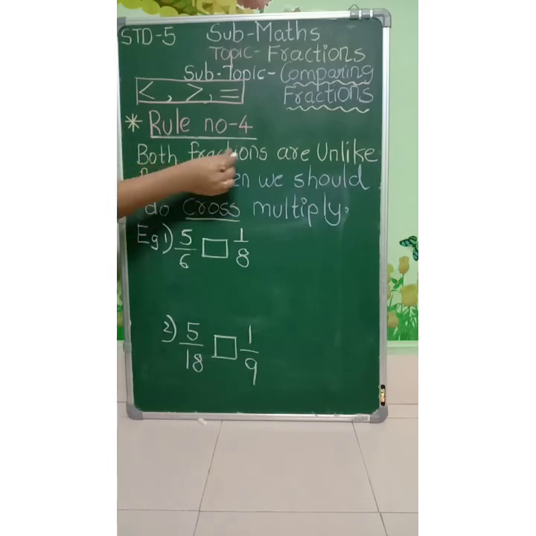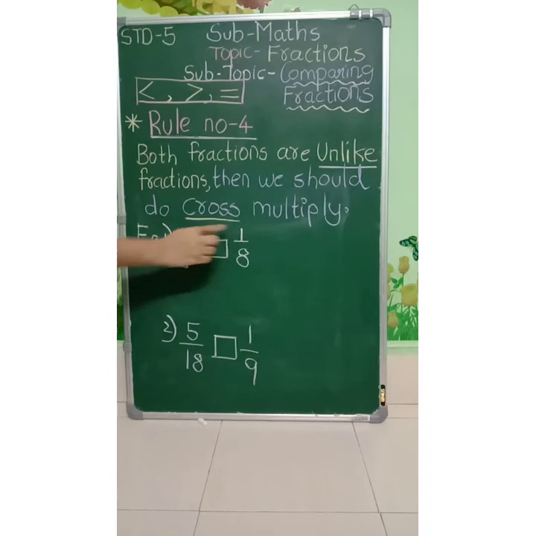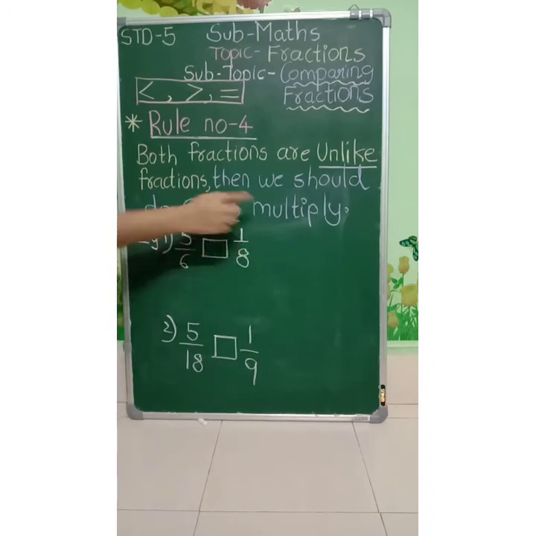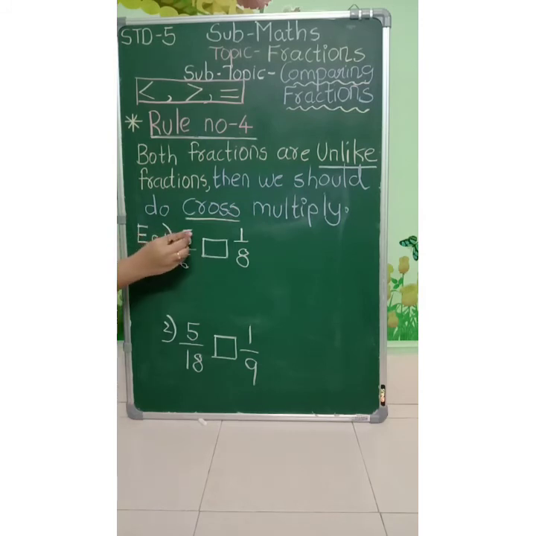If both fractions are unlike fractions, then what will you do? You will cross multiply. How will you do the cross multiply? 5 multiply by 8, 5 8s are 40. You will write it here.